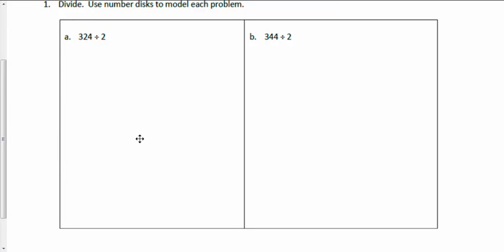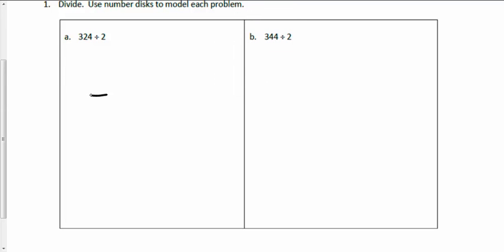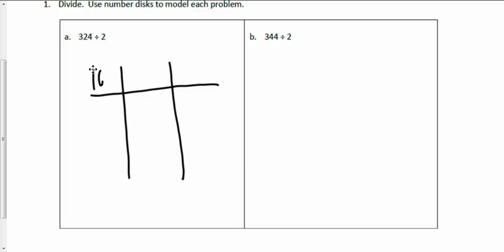So we're going to have to draw a place value chart. Our place value chart needs to have hundreds, tens, and ones because this is 324. Your place value chart does not have to be perfect. I'm going to put hundreds, tens, ones. I'm going to go ahead and represent 324, and then it's divided by 2 groups.